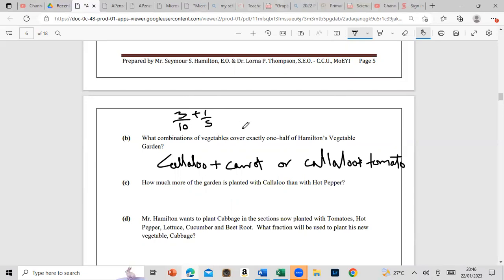So the LCM would be 10. 10 into itself one time, so we multiply 3 by 1, so that's 3. 5 into 10 goes 2 times, so we multiply by 2. 1 times 2, 2. Yeah, it's correct. So it's 5 over 10, which you can further break down to a half.